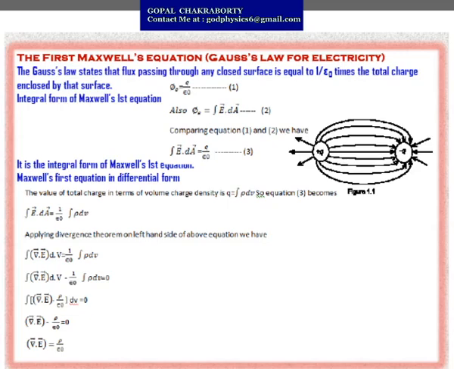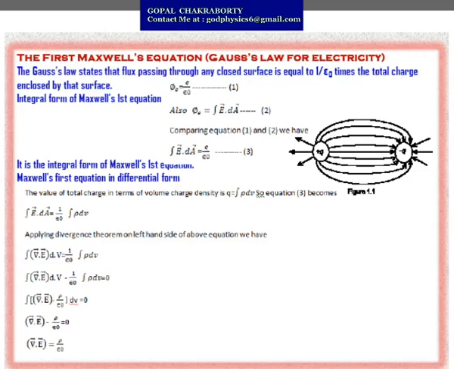I have explained this Gauss divergence theorem and its application in my video lesson of vector calculus, so you can check that video. Here I have directly applied the Gauss divergence theorem on the left hand side.